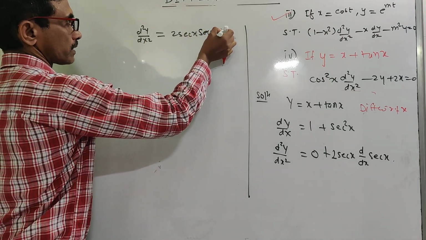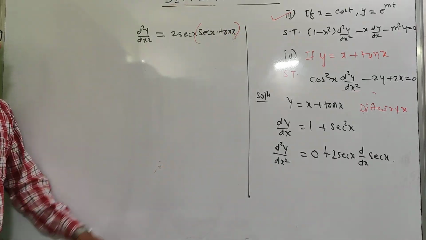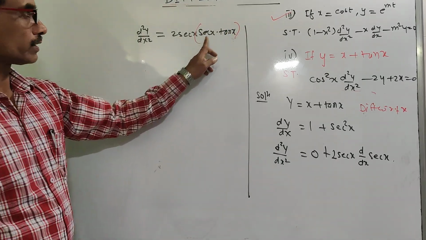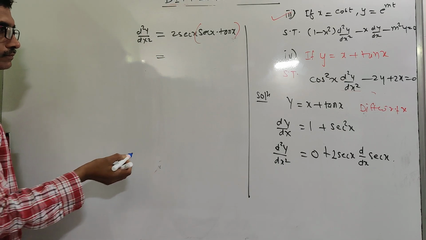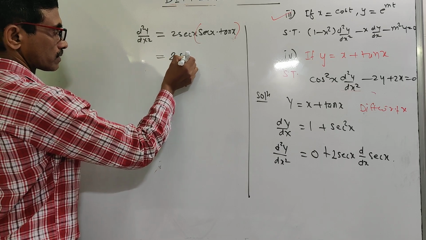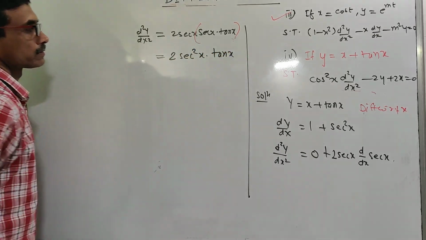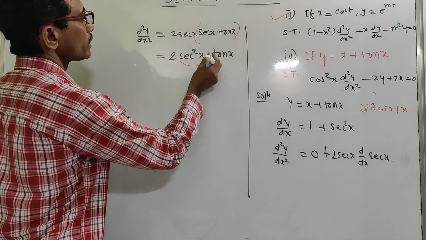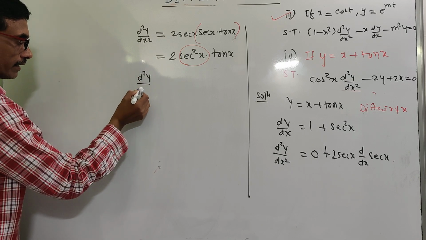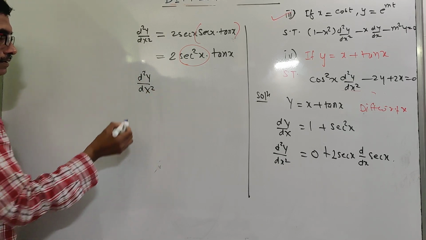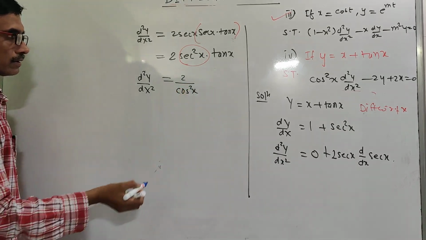This sec x and sec x will give us sec square x, 2 times sec square x into tan x. Now this sec square x we will write as 1 upon cos square x. So d square y by dx square is equal to 2 upon cos square x into tan x.